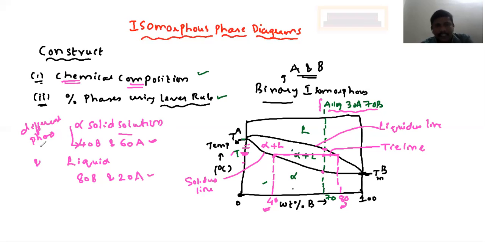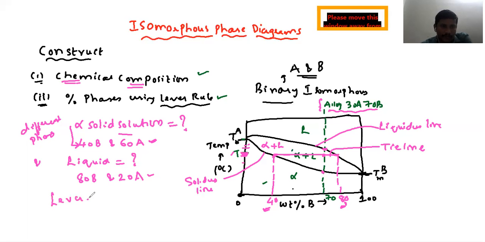Now our next intention is to find out, at this particular temperature, what is the percentage of alpha phase formed and what is the percentage of liquid phase formed. For that, we will use a principle known as the lever rule. So let us understand how we use the lever rule to find out the percentage of phases present in an alloy at any particular temperature.